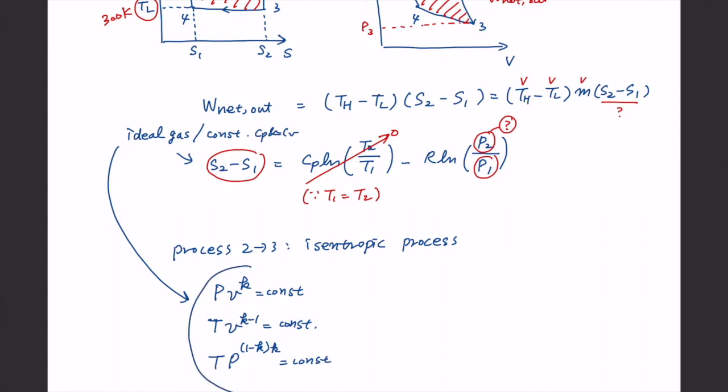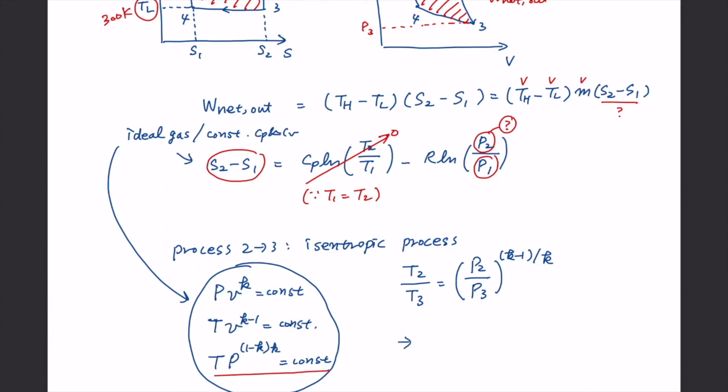Those three equations are essentially the same but with different variables. Now, among these three equations, let me use the last one because that directly gives us the relation between temperature and pressure. So in that case, we can write T2 over T3 is equal to P2 over P3 to the power (k minus 1) divided by k.